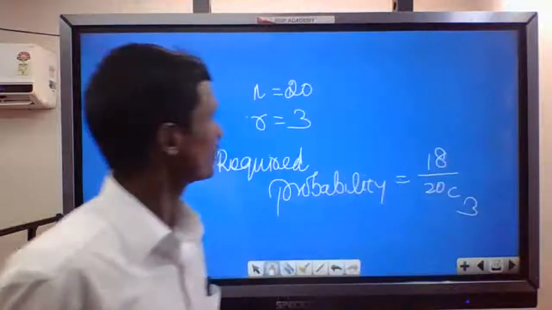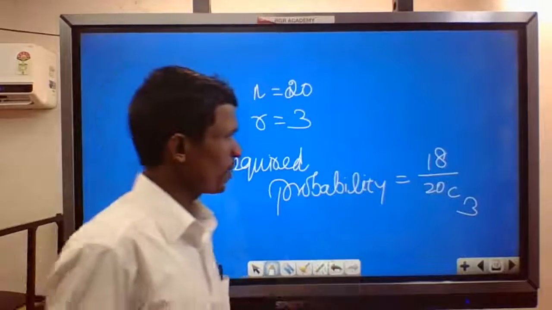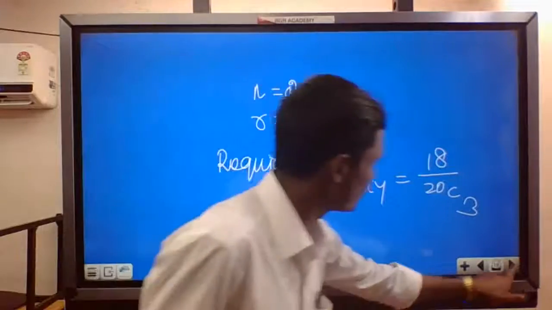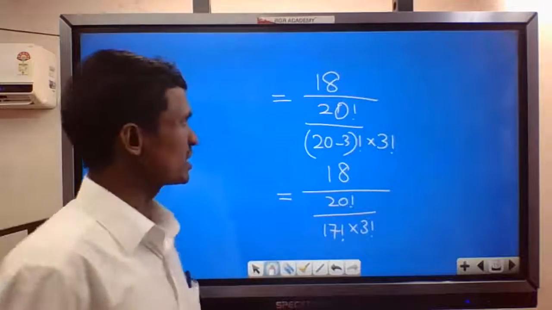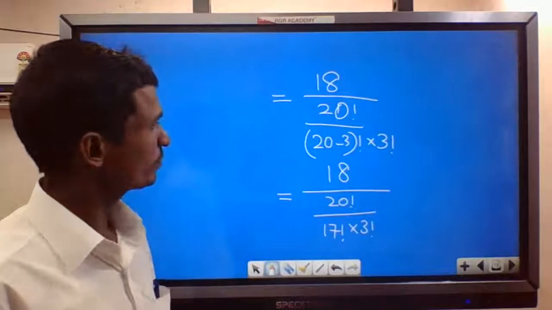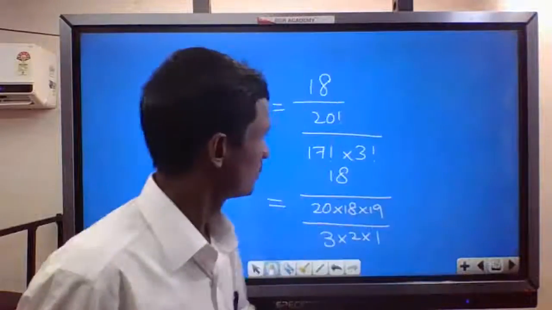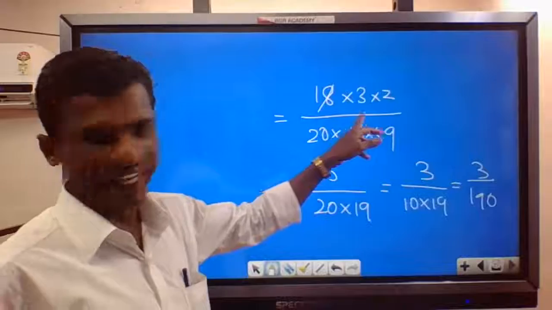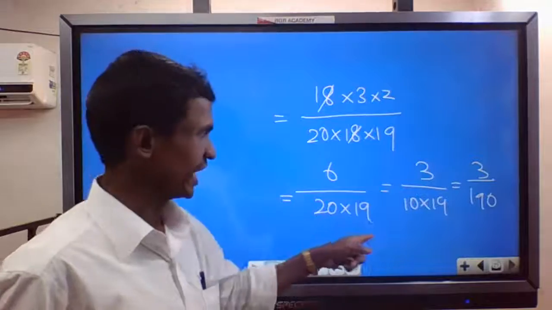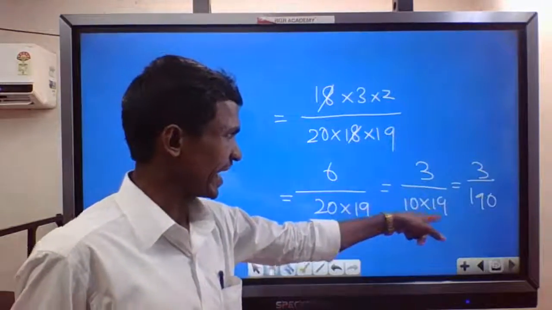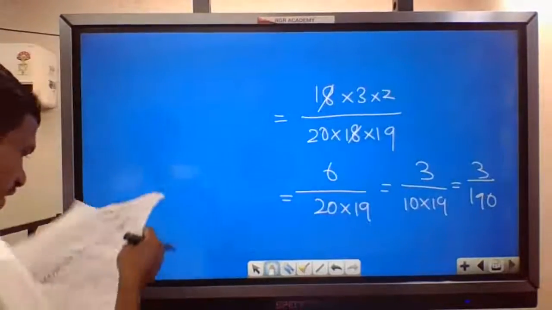So we can understand here n equal to 20, r equal to 3. The required probability is 18 divided by 20C3, which is 18 divided by 20 factorial over 17 factorial into 3 factorial, giving 18 into 3 into 2 over 20 into 18 into 19, then 6 divided by 20 into 19, then 3 divided by 10 into 19. Therefore 3 divided by 190. We are going to the next problem.